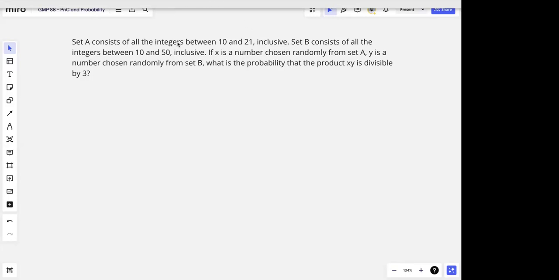What I did is: what is the probability that the product XY won't be divisible by 3?